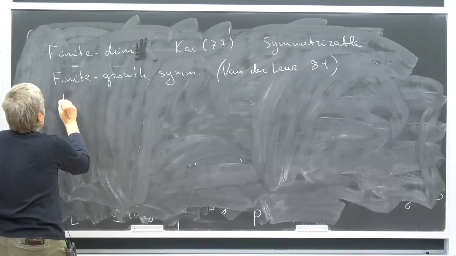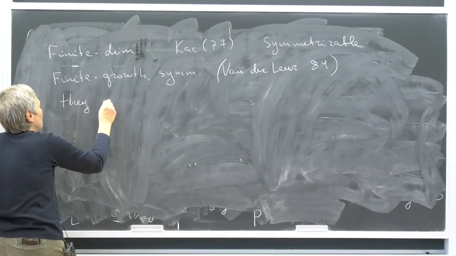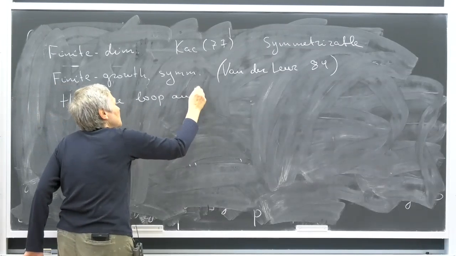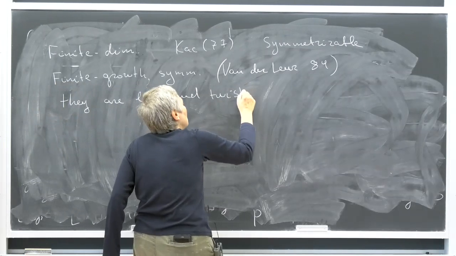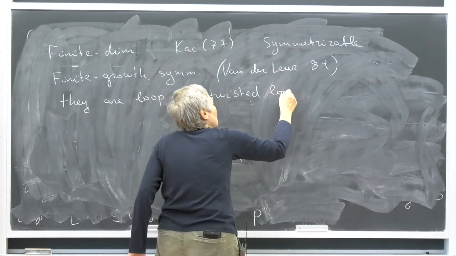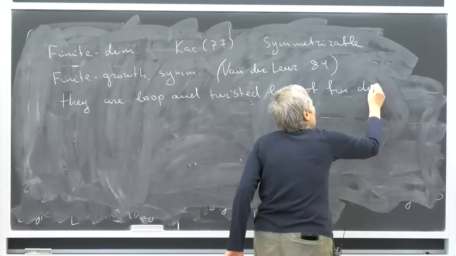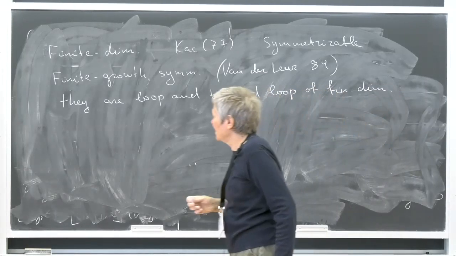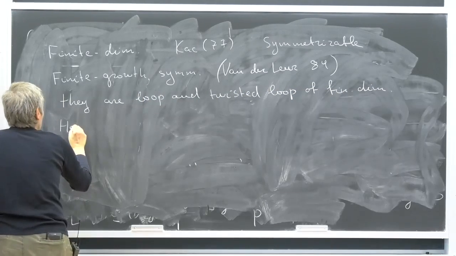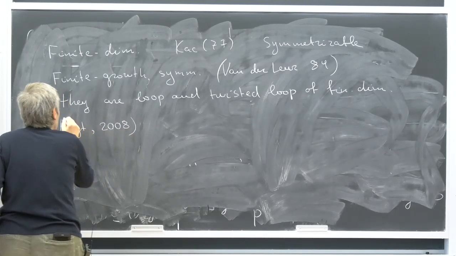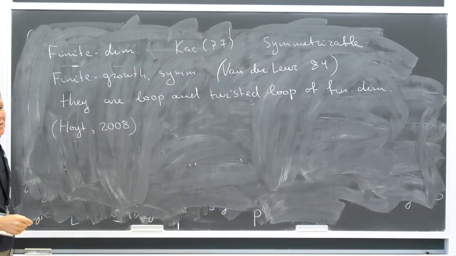by loop and twisted loop. So they are loop and twisted loop of finite dimensional. But then Hoyt, I think in 2008, actually classified non-symmetrizable.